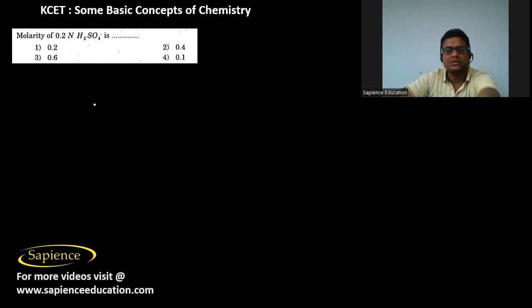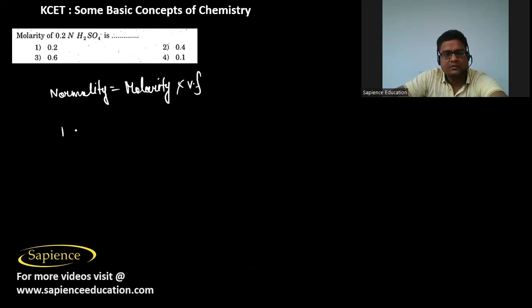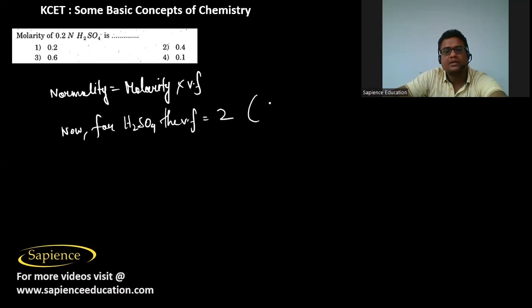Then here it is told, molarity of 0.2 normal H2SO4 is. So we know that normality is equal to molarity times the valency factor or n factor. Now for H2SO4, the valency factor or the n factor will be equal to 2 only, since it can give 2 H plus ions.